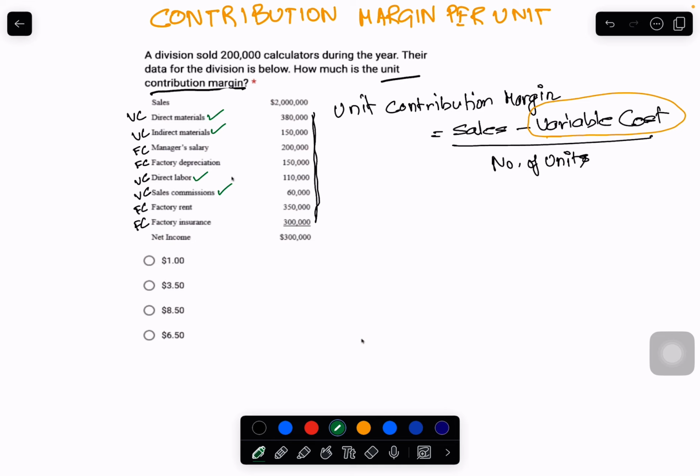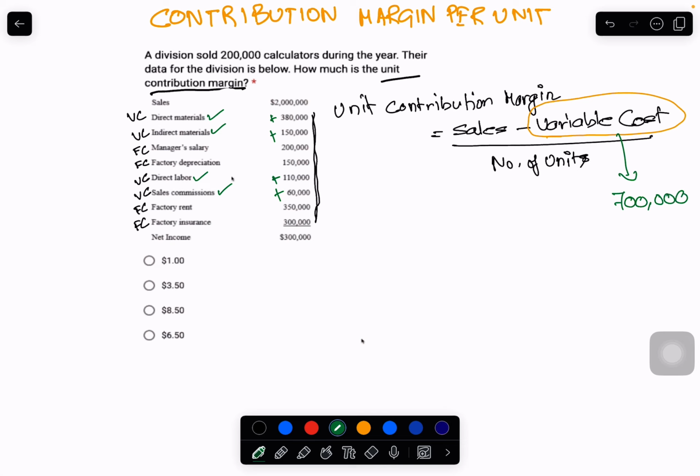So what we need to do is plug this into the formula and add all of these. So 380,000 plus 150,000 plus 110,000 plus the sales commission of 60,000 comes to 700,000. So I get my variable cost here, which is 700,000.